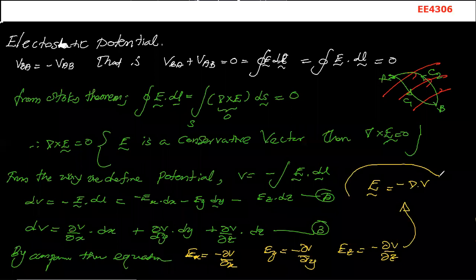By comparing this relationship, you can write down that E equals minus the gradient of V. V is a scalar field.